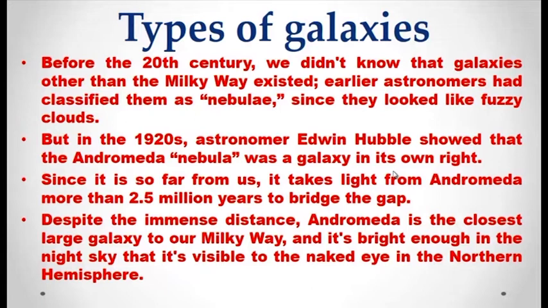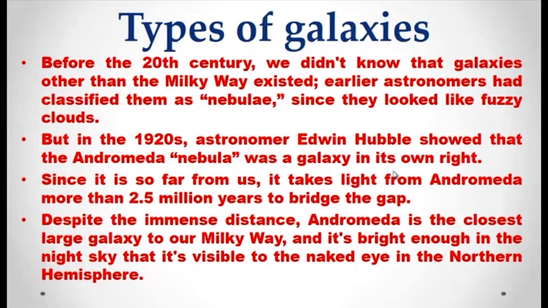Earlier, astronomers had classified them as nebulae since they looked like fuzzy clouds. But in the 1920s, astronomer Edwin Hubble showed that the Andromeda Nebula was a galaxy in its own right. Andromeda is the closest neighbor to our Milky Way galaxy.